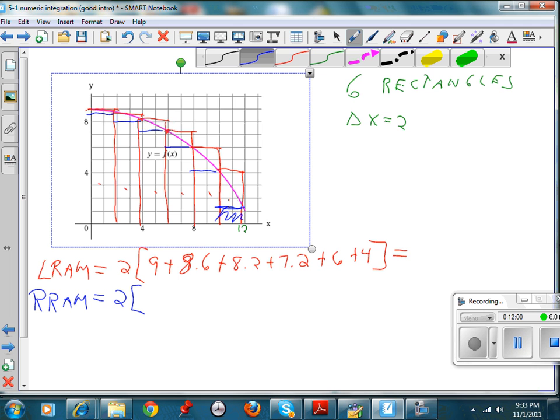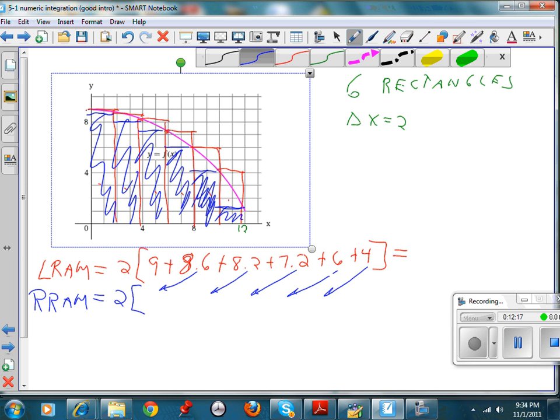So you bring all these heights over, and then you add this particular height, which looks like 1.